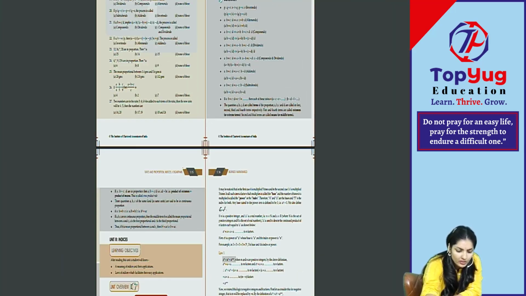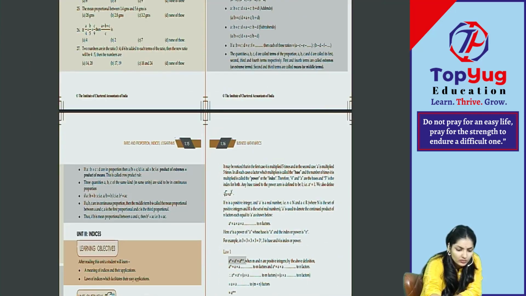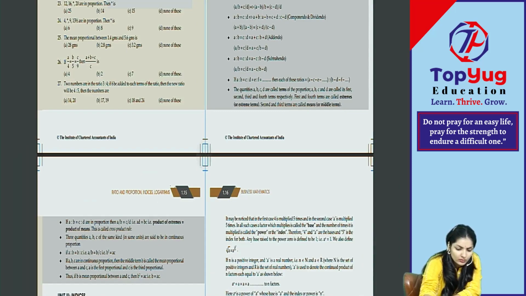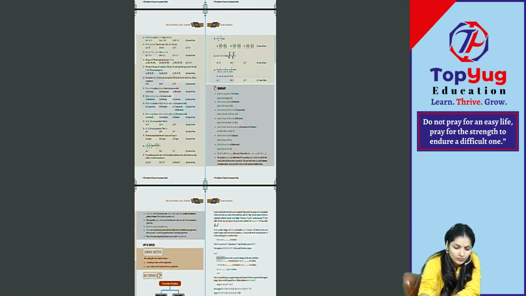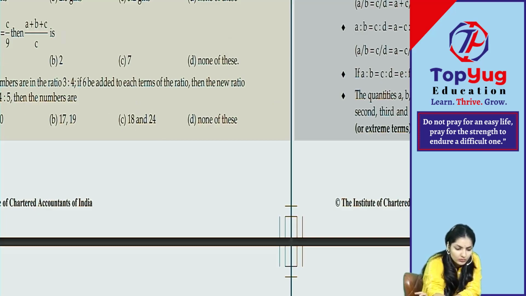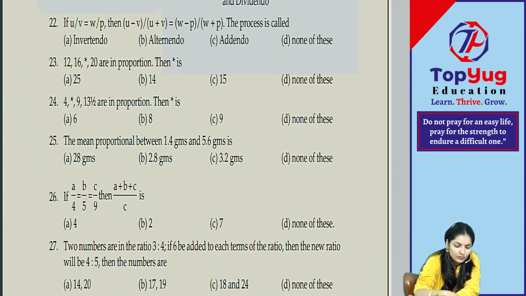Which one are you doing? Mean proportion: 1.4 into 5.6, or 14/10 into 56/10, whole root.